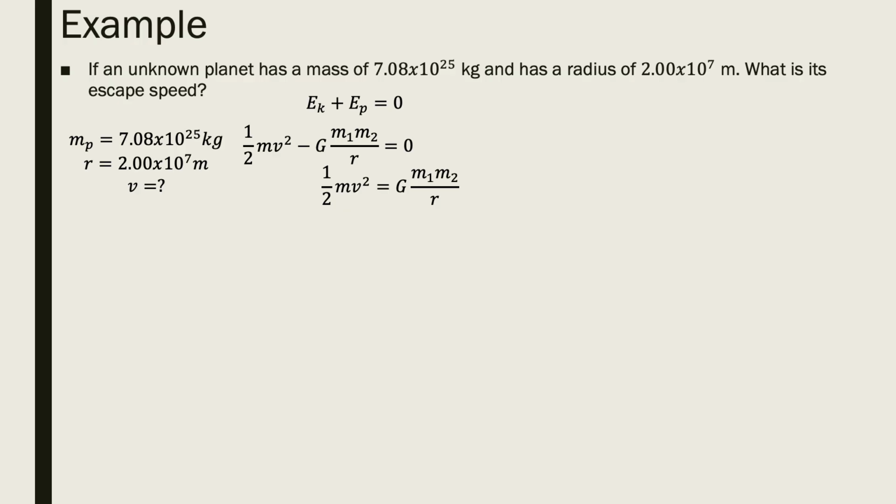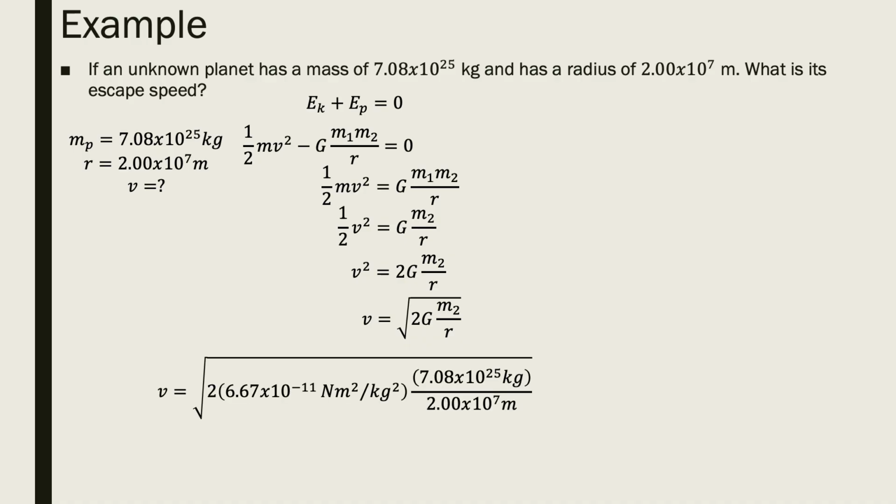And then the mass of the object that's escaping will cancel out. Then multiply both sides by 2 to get rid of the 1/2, and then take the square root. At this point, substitute our values in, follow BEDMAS to calculate, and we should end up with 2.17 times 10 to the 4 meters per second.